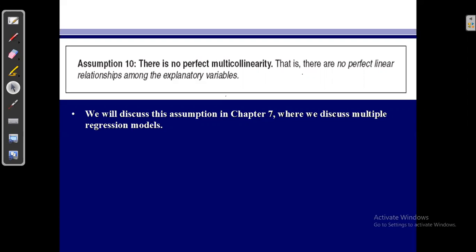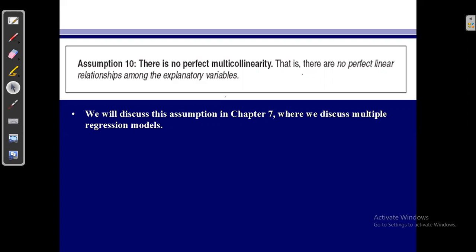Here I'm only talking about the correlation between or among the included explanatory variables. So suppose there are 2 or more x variables in your model, then multicollinearity refers to the correlation between or among those explanatory variables.